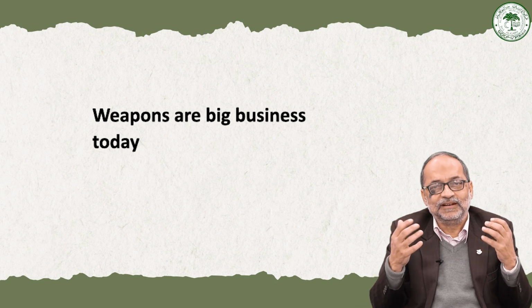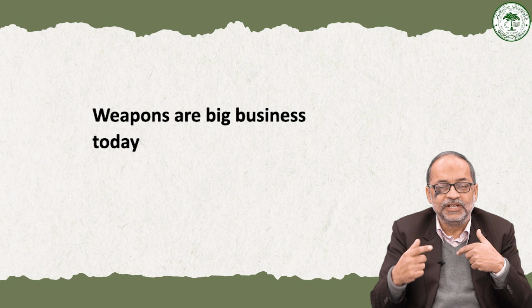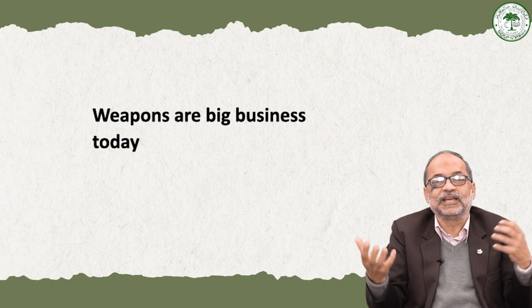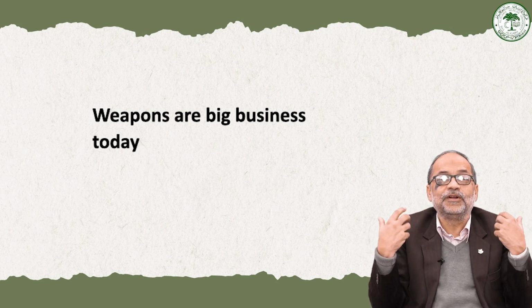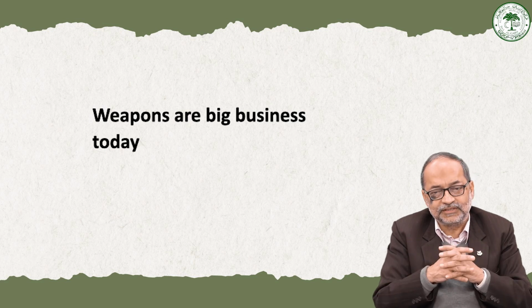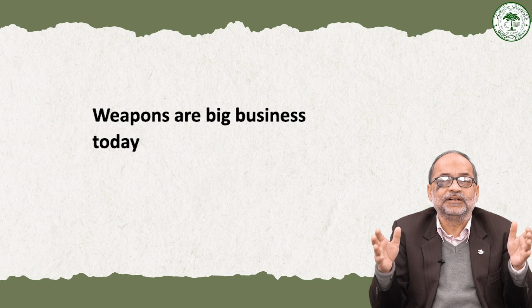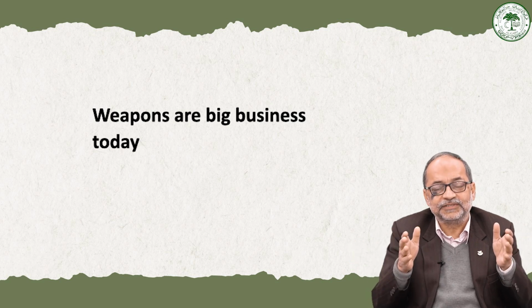So they can retain their control over the weapons and their usage even after they have supplied you and taken a lot of money from you. So it is a great advantage to America and the other European countries, who are the main suppliers of weapons to other countries of the world, and that is the advantage which they get.